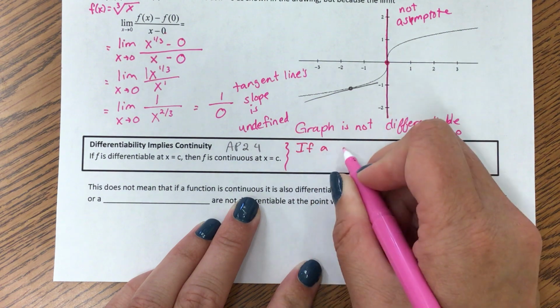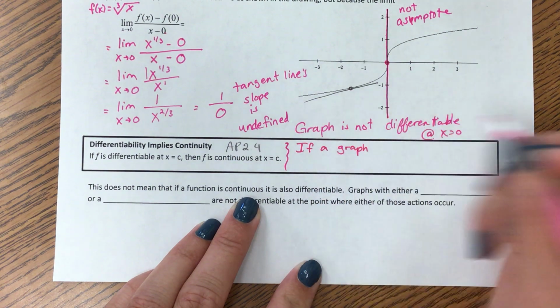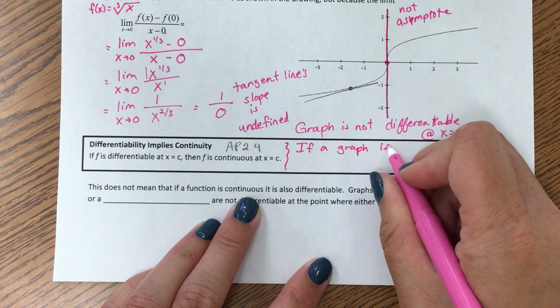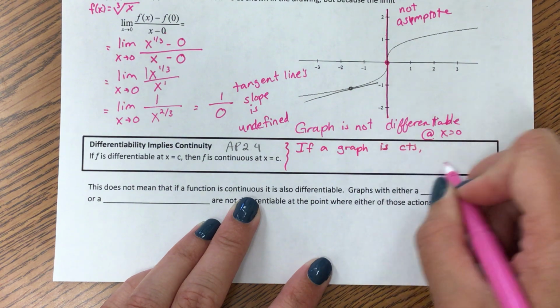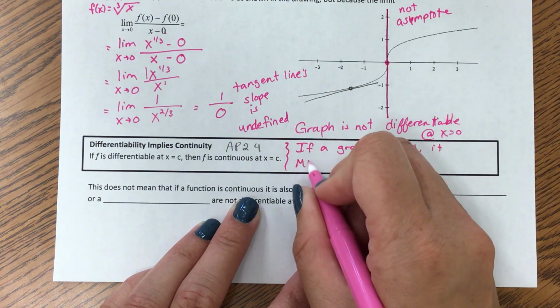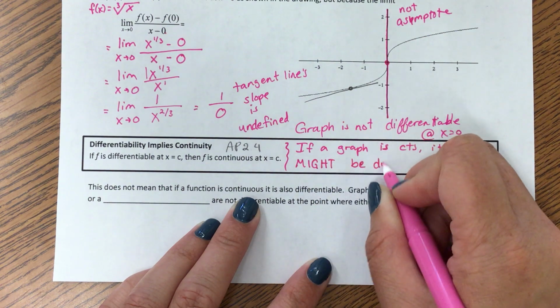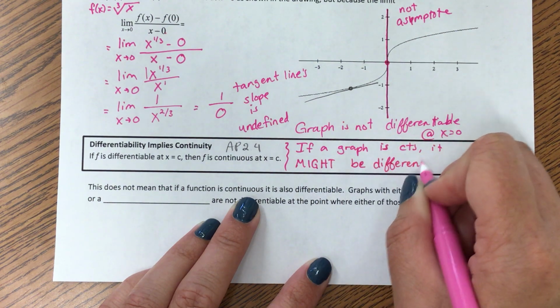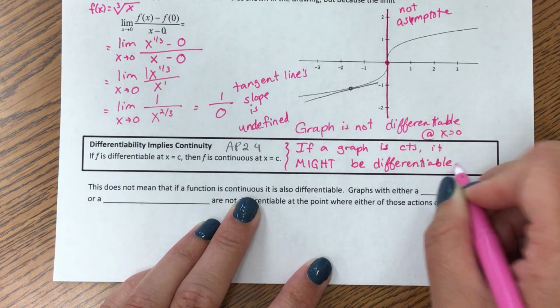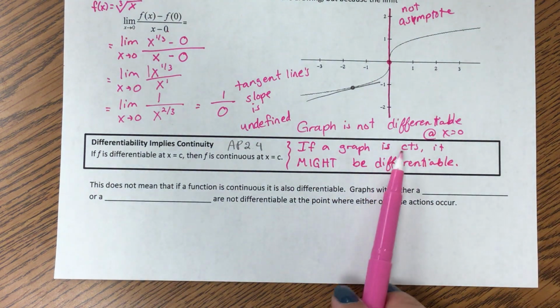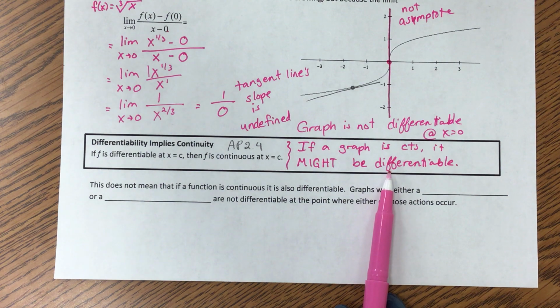If a graph or a function is continuous, it might be differentiable. So if a graph is continuous, it might be differentiable. If a graph is not continuous, then it is not differentiable.